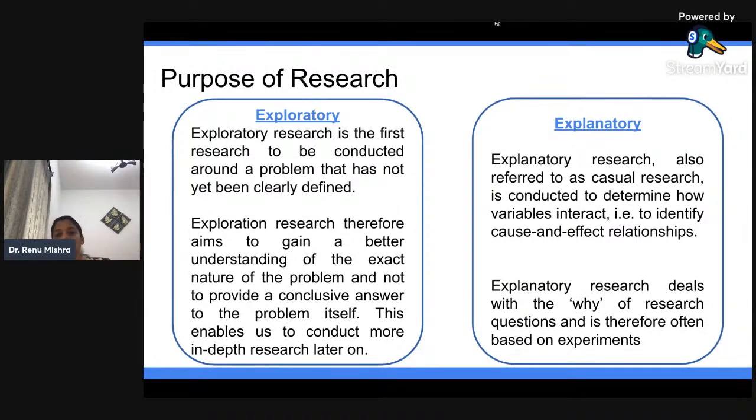Also, exploratory research basically is about understanding the problem. When you are exploring a problem, you are reading various concepts, conceptualizing various theories, and understanding previous works. So basically you are exploring a problem.